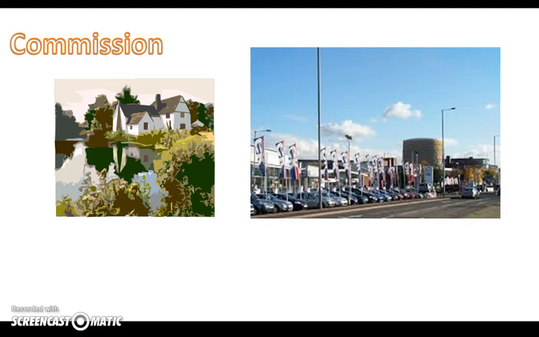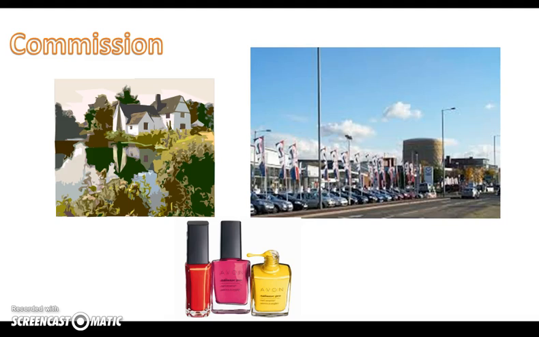They usually get about 2 to 3% of the sale. Other people who work on commission are people who work for things like Avon or Pampered Chef or other types of businesses like that that people do from their home. They typically get a commission also.